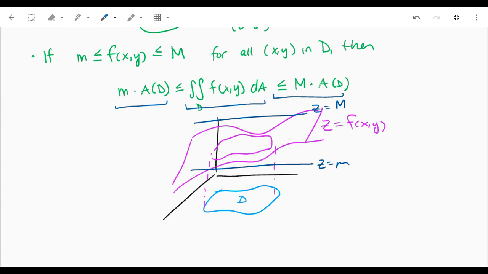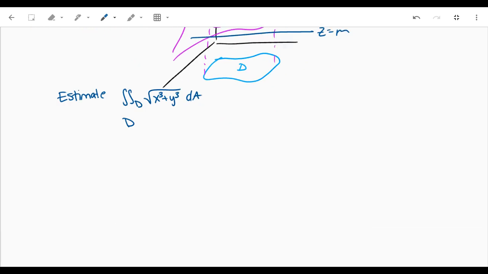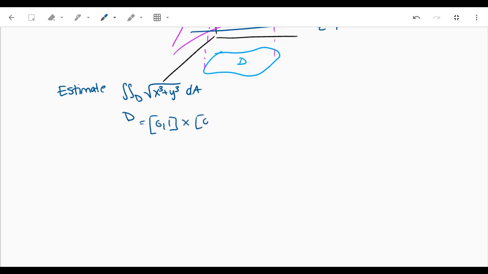It's like an example. It's kind of a weird example. We have an example where it says estimate the integral over D of the square root of x cubed plus y cubed dA, where D is from 0 to 1 in the x's, 0 to 1 in the y's.